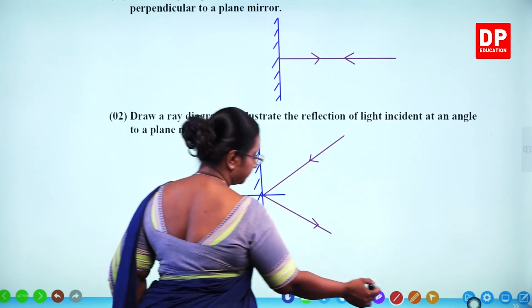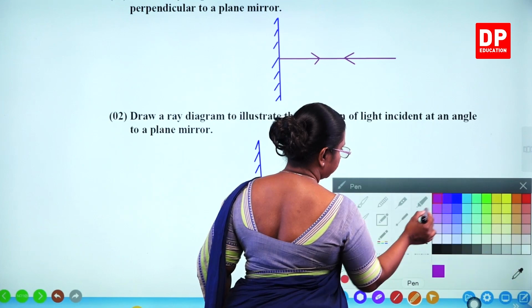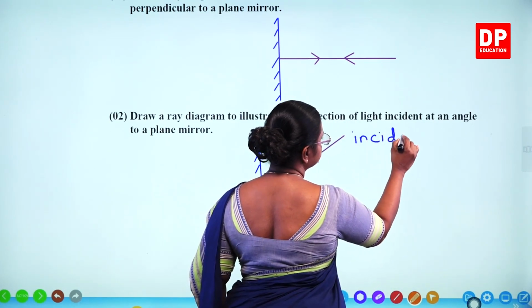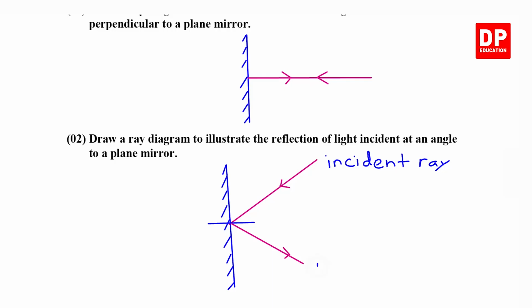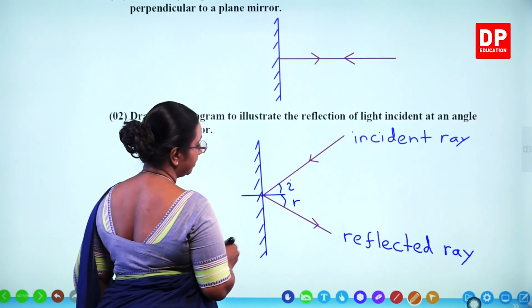This is the incident ray. This is the reflected ray. So since it says with an angle, you have to mark the angle of incidence and angle of reflection.